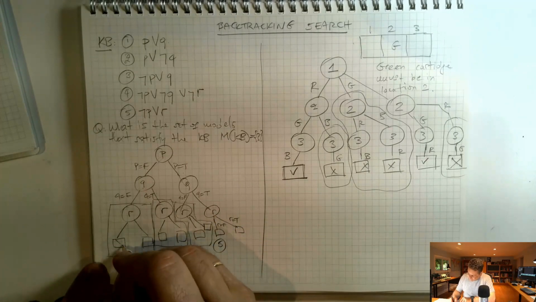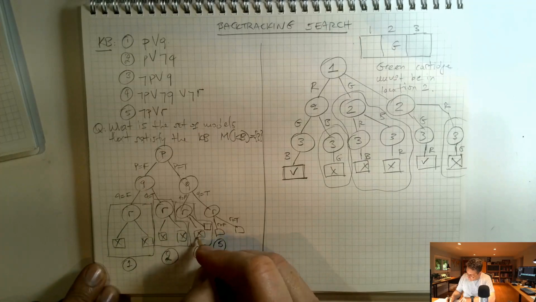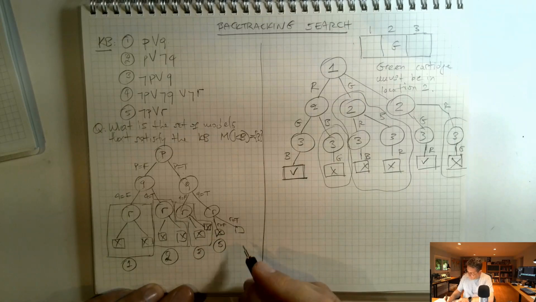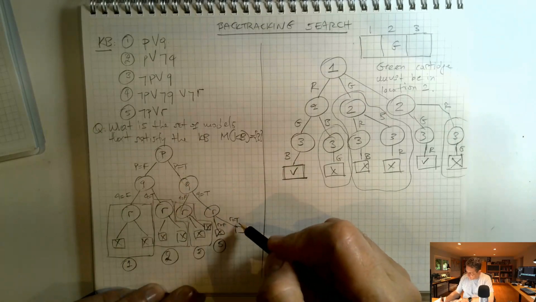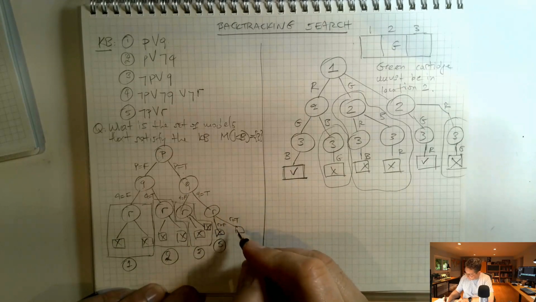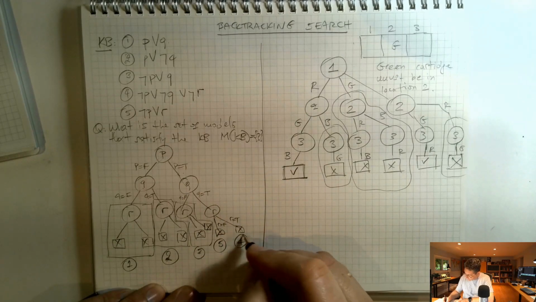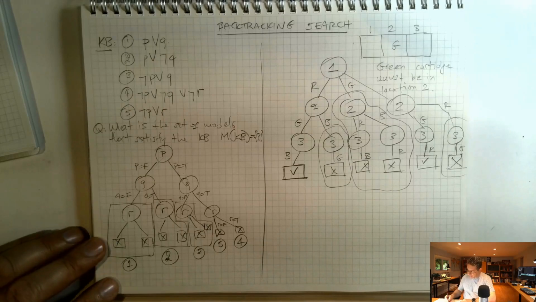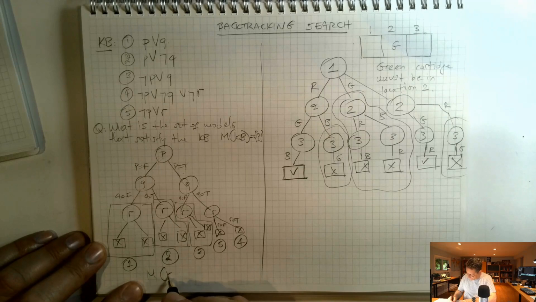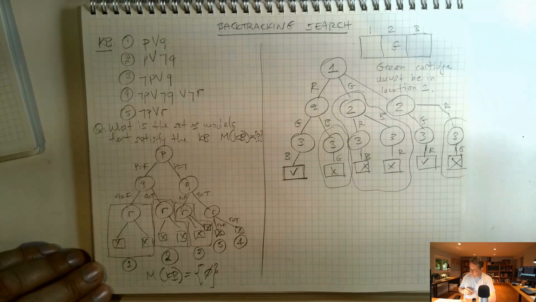So definitely we see a negative result here as well. And the assignment true and true makes sentence 4 false, and therefore we can conclude that the set of models that satisfy the knowledge base is the null set.